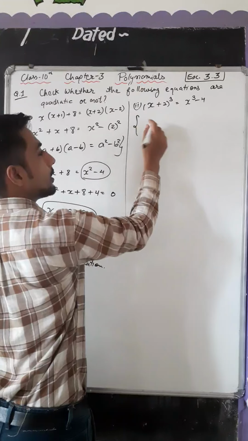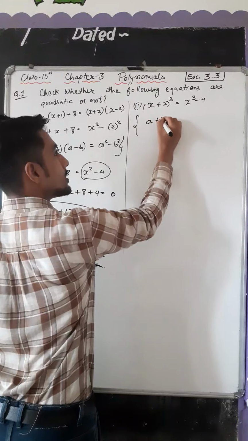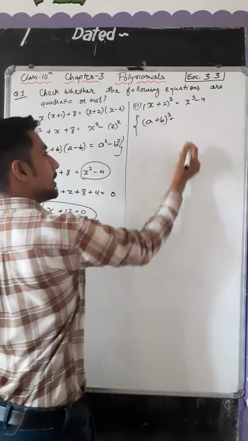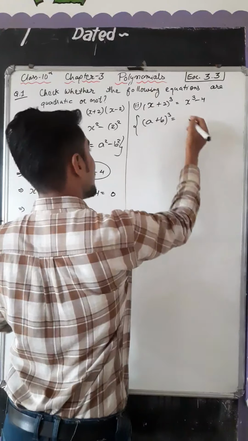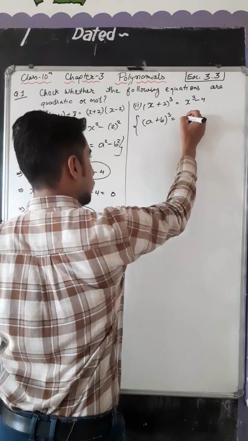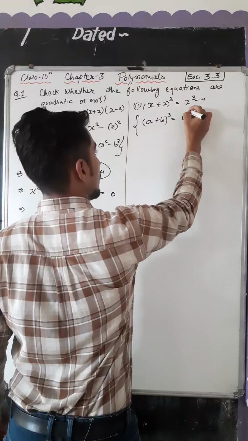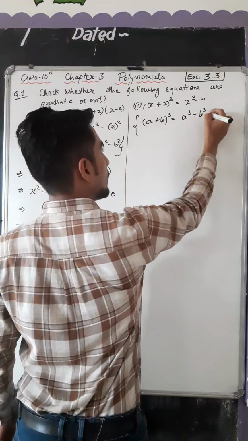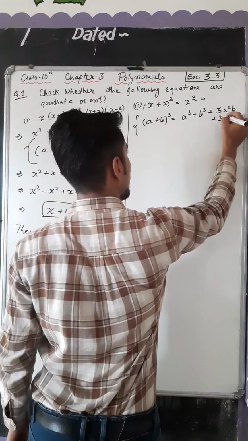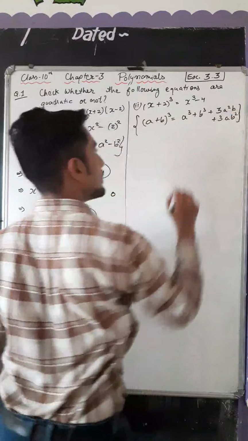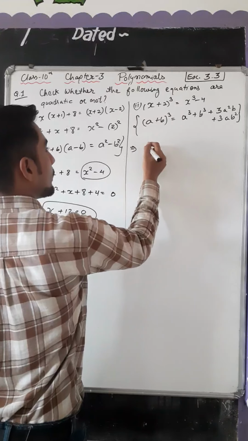What will be the identity we will use? (a plus b) whole cube is equal to, what is (a plus b) whole cube? a cube plus b cube plus 3a square b plus 3ab square. This is the identity. Open it according to the identity.